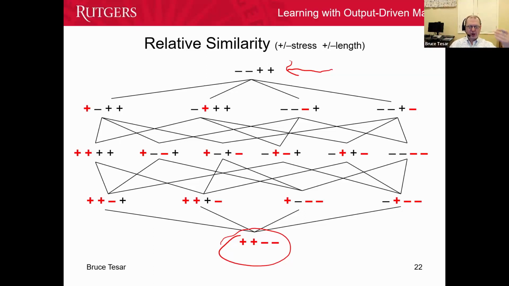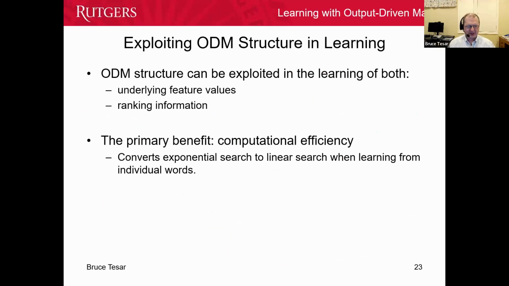So with regard to any particular output, the notion of a map being output driven imposes a kind of structure on the space of possible inputs relative to that output. And we will see that that kind of structure has a big impact on how learning can unfold. So it has an impact on both the learning of underlying feature values and on ranking information.